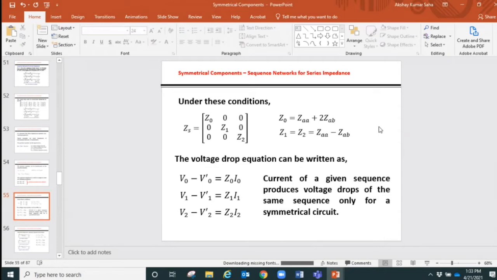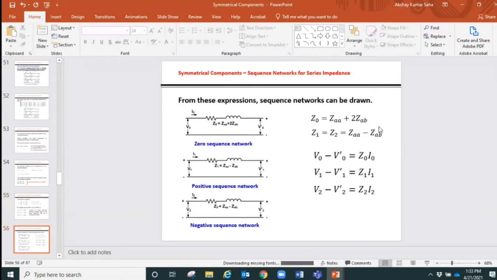All the three sequence impedances will be the same. But if the mutual impedance is present, then Z1 and Z2 will be equal to each other if ZAB, ZBC, and ZCA are the same. So we need to remember that part, and from there we can draw the sequence networks.